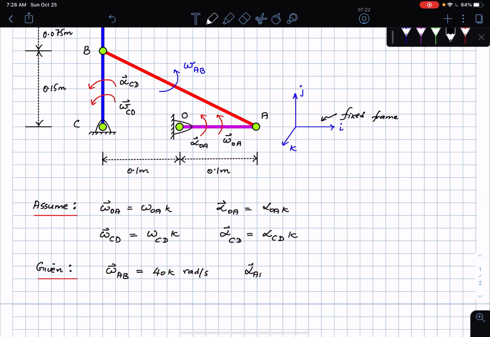Alpha AB is 0 radians per second, because omega AB is constant. And information that can be discerned from the problem is that the velocity of C is 0, acceleration of C is 0, velocity of O is 0, and the acceleration of O is 0, because these are fixed points.